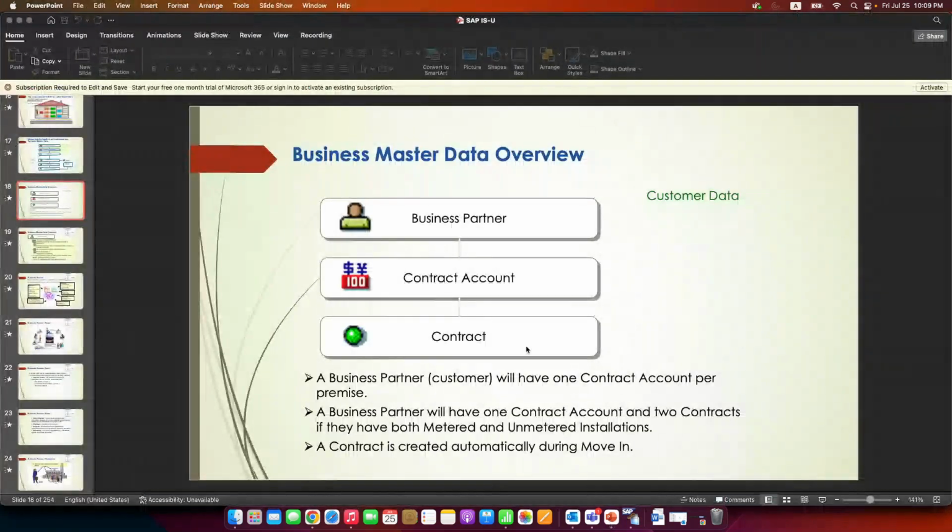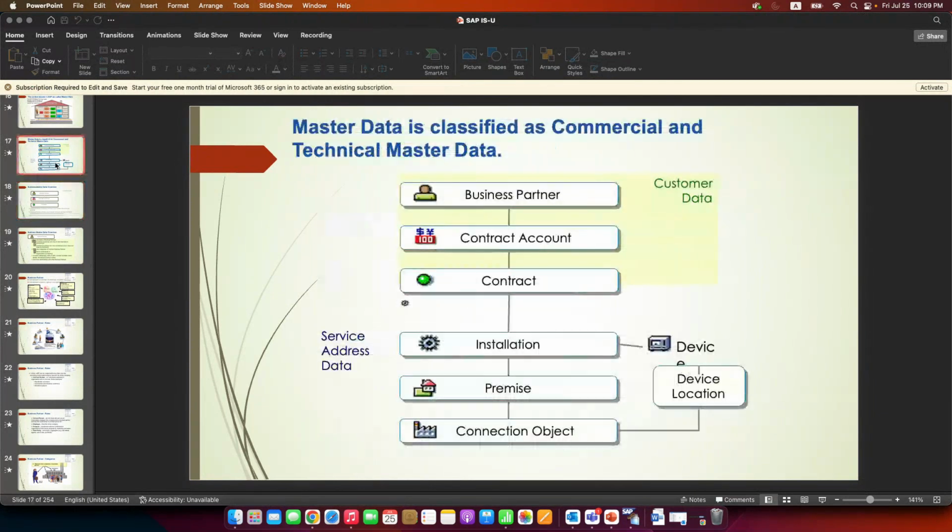For a couple of people, it might be a repetitive thing, but let's go. So overall, in the utility application, SAP IS Utilities, the entire data that we maintain is broadly categorized into two sets of information.